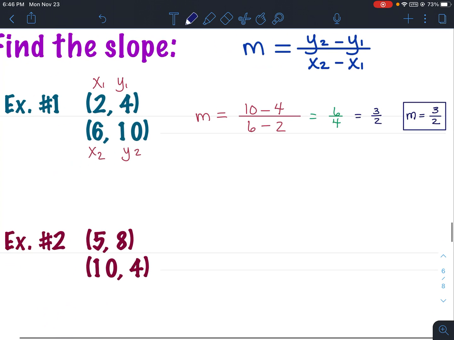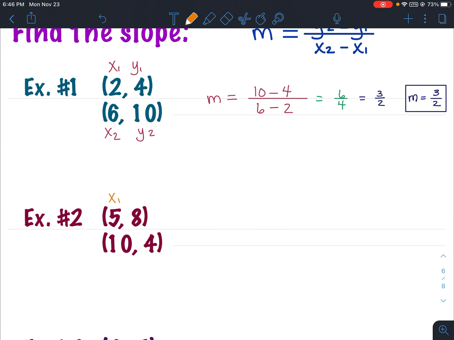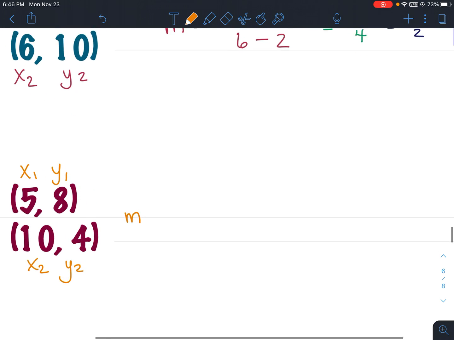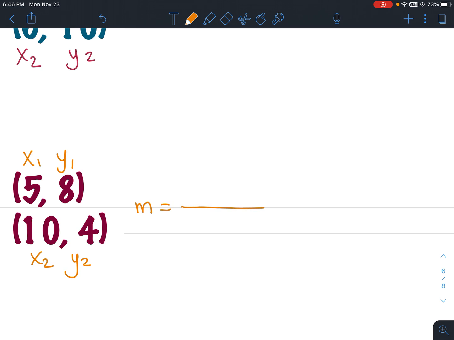All right. Let's do example 2. Let's call this x1, y1 because it's the first point, x2, y2 because it is the second point. So my slope is y2, which is 4, minus y1, which is 8, over x2, which is 10, minus x1, which is 5.